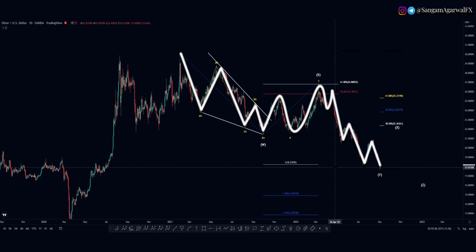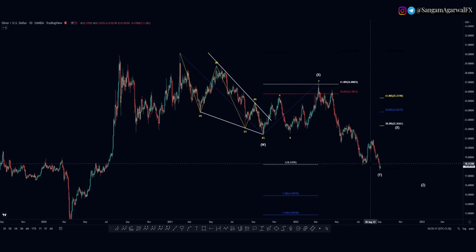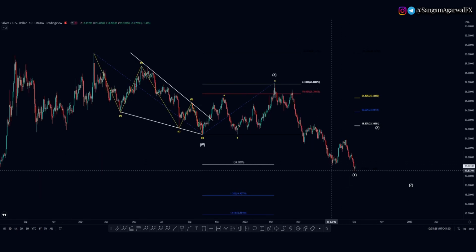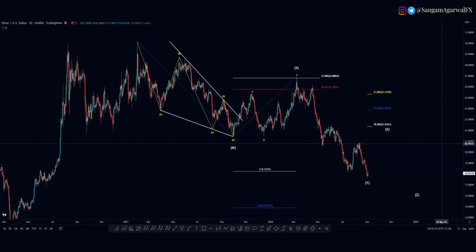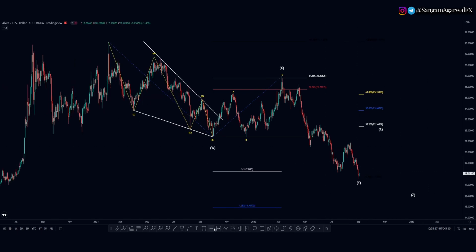And if we draw a fib extension for wave Y in comparison to wave W, then wave Y has done its 100% projection at $18. And last time it made a support with multiple daily candlesticks, then went up, but it found resistance at this previous low like gold, and now it is back.